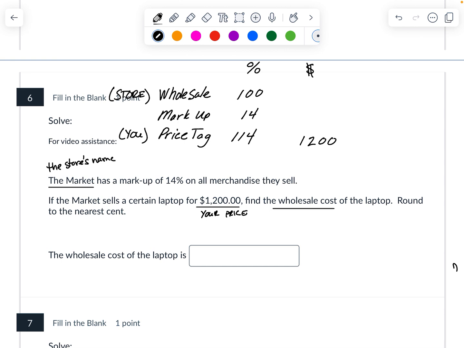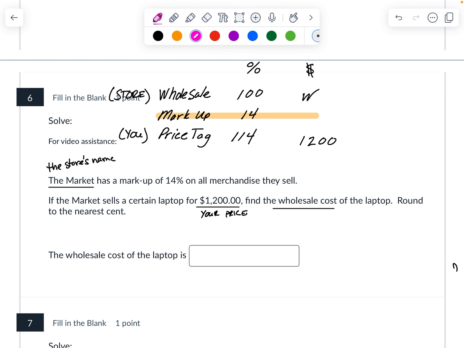So find what the store bought it for, what the store paid. So the line we don't need right now, that's not important to us. We're just going to ignore that, act like it's not there. We used it to get the 114, but we don't need it now in the math problem.